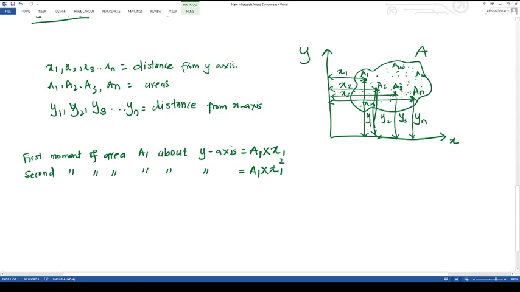So this is my second moment of inertia. So A1 x1 squared is my moment of inertia. So similarly, if I look at it from the x-axis, first moment of inertia.